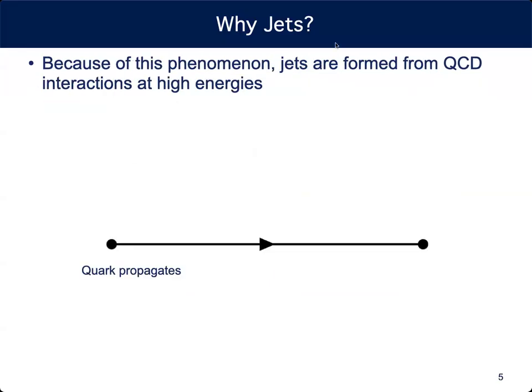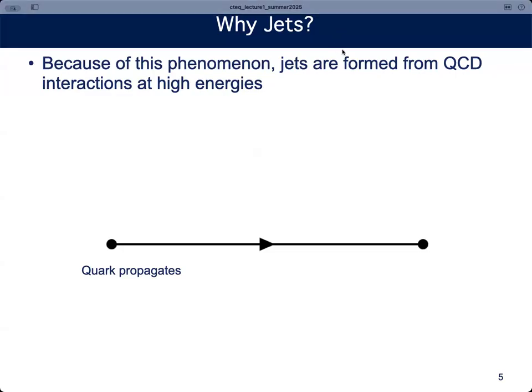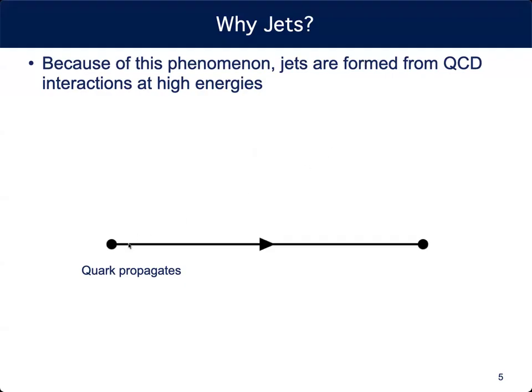Full disclosure, this is a very naive picture of how things go, and it assumes perturbation theory works, which it only does to a certain extent. Jets have a very rich phenomenology. Suppose you have some quark just propagating in space. It can't propagate for long, because of all the things you're learning this week.